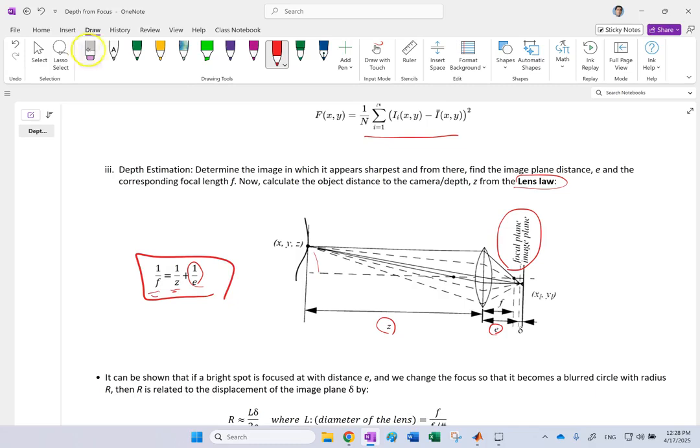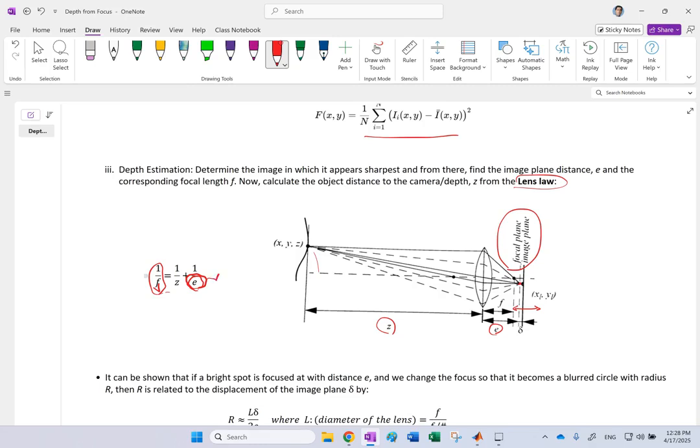And in this case, what you can do is have a fixed F and modify E. So if F is fixed and you move your image plane such that your object is perfectly in focus, so the light coming from a large distance can exactly focus at that point, then you can do your optimization to find the best E instead of the best F. So you're using a fixed lens, but you can move the location of the image plane E and find the E that is giving you the best sharpness measure.